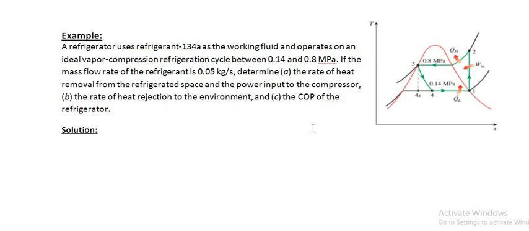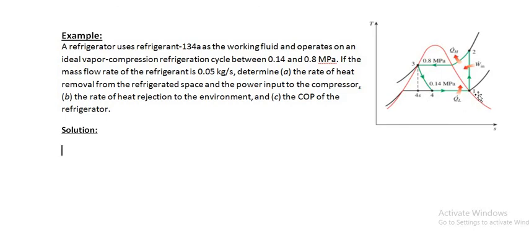Okay, first of all, in order to determine the work and heat transfers, we need to find the value of specific enthalpy at all these 4 points. We'll begin with point 1 and then move on with the given data and the solved outputs. We're going to find the successive values of the enthalpies.